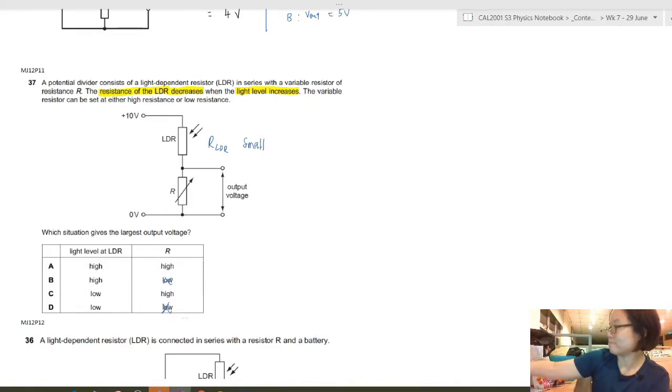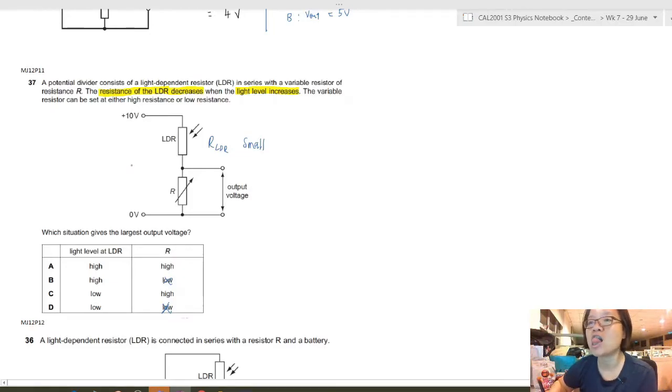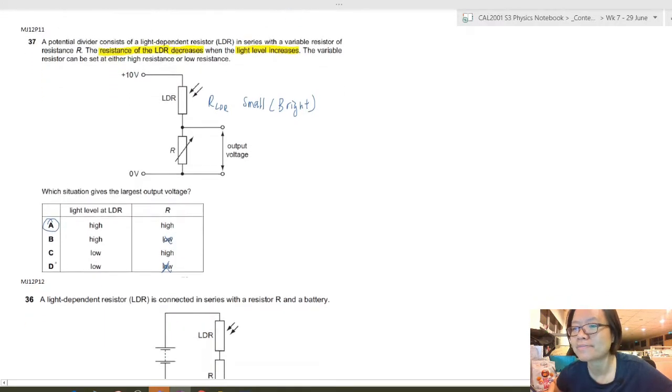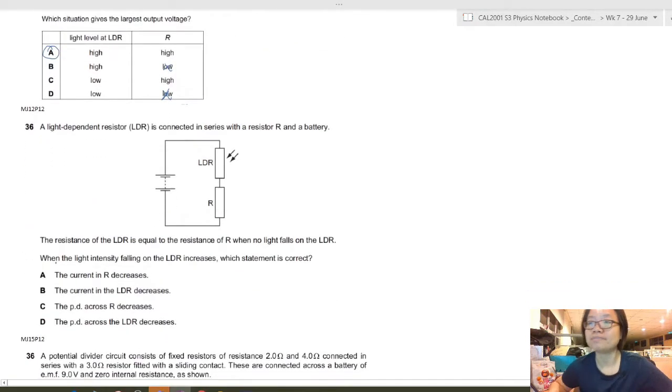So my neighbor, the LDR, should have a very low resistance. Low resistance means this is bright, because light will come and give the electrons more energy to carry the charges. So high R, bright. I like this. Alright, moving on.